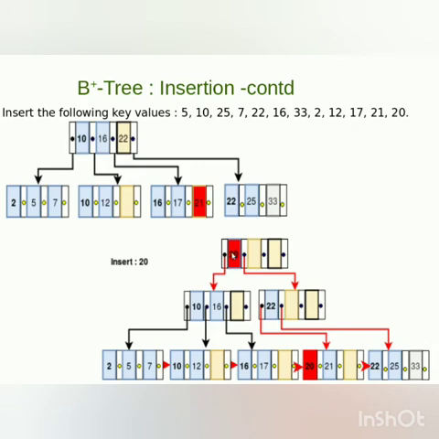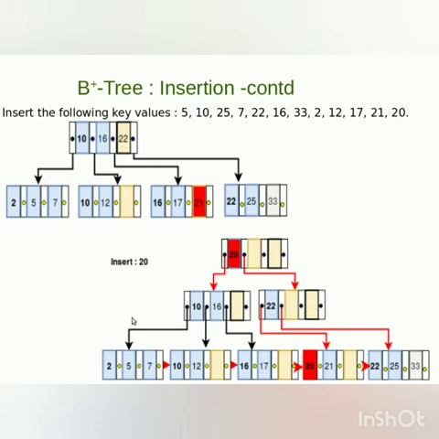To the left of 20 is 10, 16, and to the right of 20 is 22, the node starting with 22. Then to the left of 16 is 10, 12, and to the right of 16 is 16. That is why this is the new arrangement.